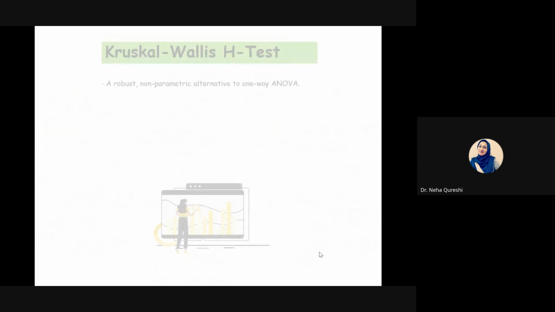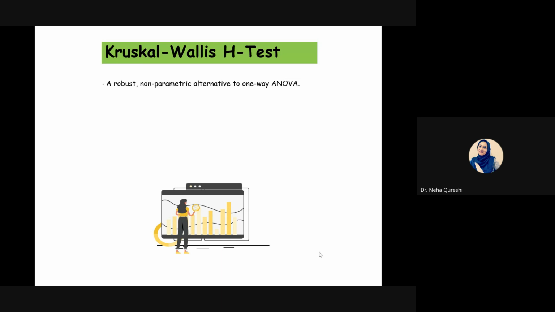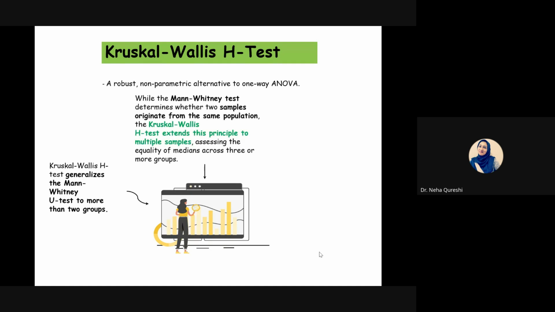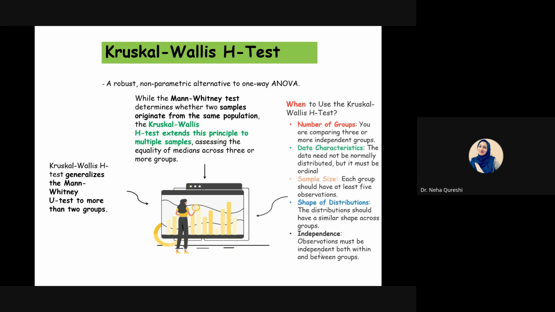Okay. Then you have another very important test, which is the Kruskal-Wallis H test, which is a non-parametric counterpart of the one-way ANOVA. So we use it for multiple medians, because we have rank data and we check this for multiple samples. So we want to assess the equality of medians across 3 or more groups.